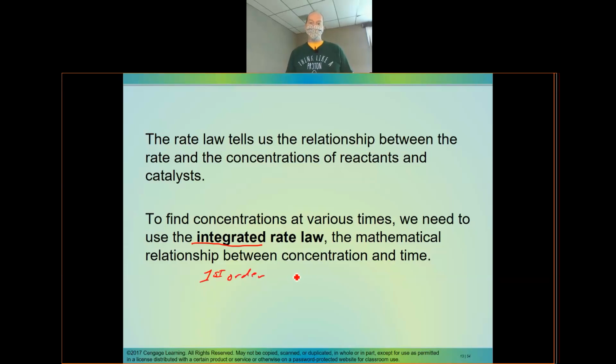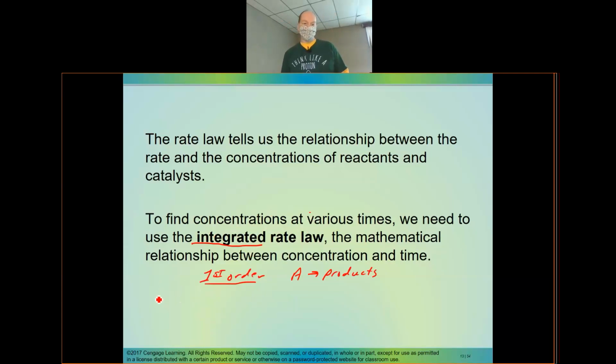If we're doing a first order reaction, I'm going to say that A goes to products. I already told you it's first order. So now you know it's first order. You know the units for K, 1 over seconds. And you know the rate law, because I told you it was first order.